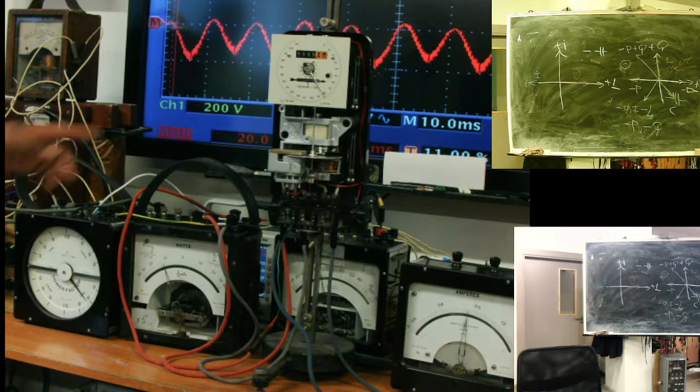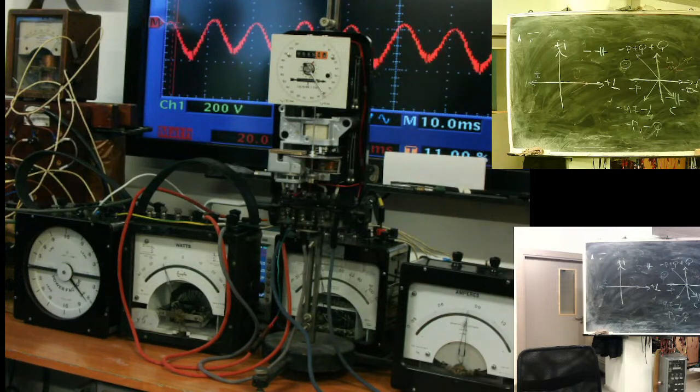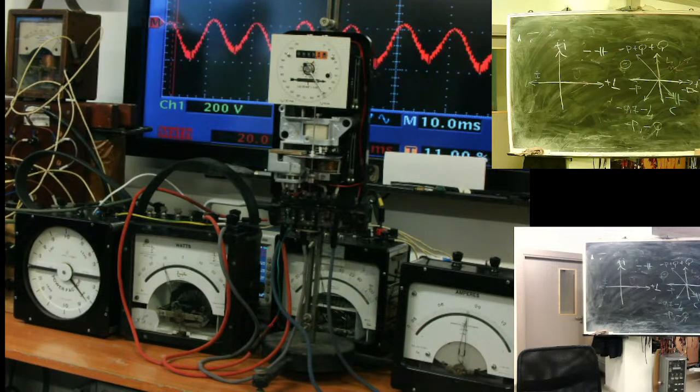Because my setup is at like load. What comes to us is positive. What comes from us is negative. Here you see it goes in opposite direction. Yeah, because active power is negative. Because I'm supplying.